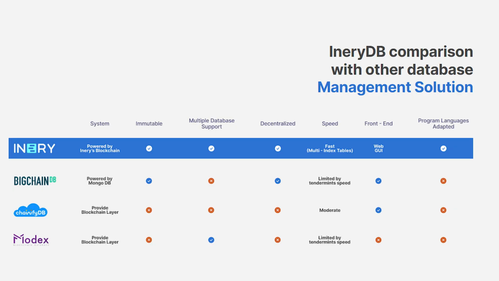So the database itself is, like I said, decentralized and immutable. It has a really fast way to make sure that data gets processed, and of course it's secure and affordable, which is definitely important. Some of the features that it has is a web GUI. They also communicate with a bunch of different languages: C++, C#, JavaScript, all the major ones.